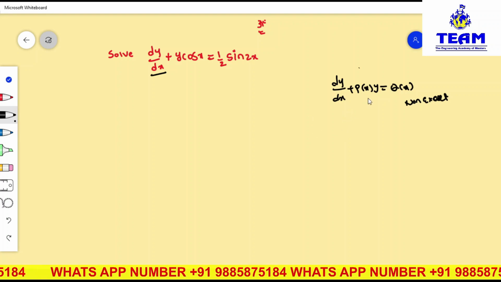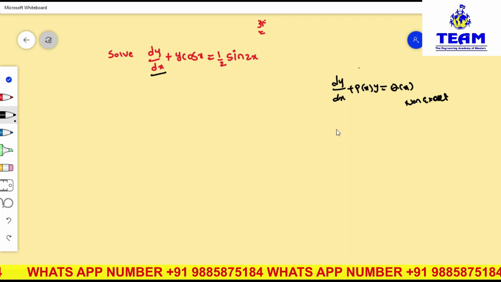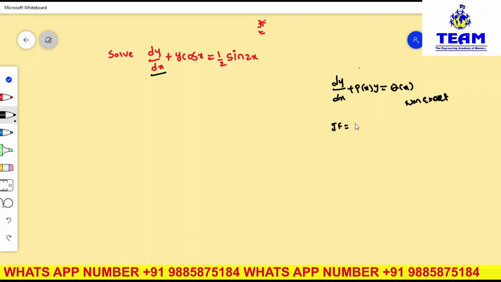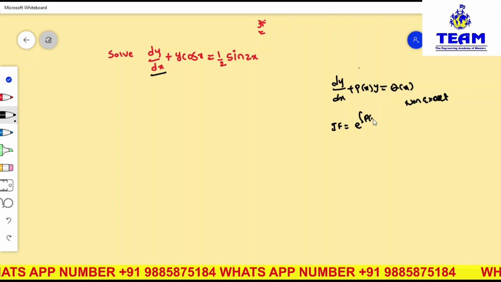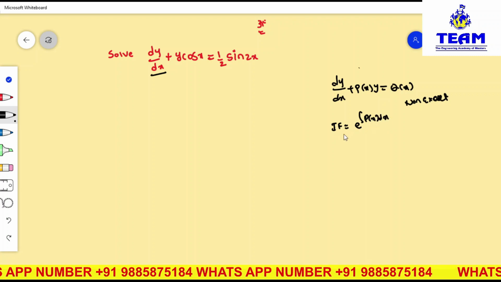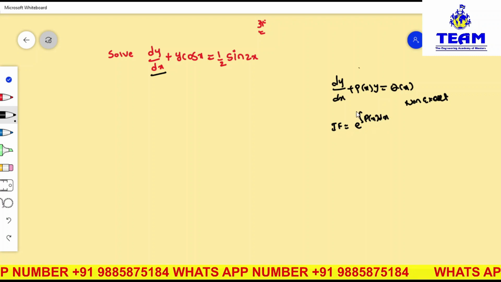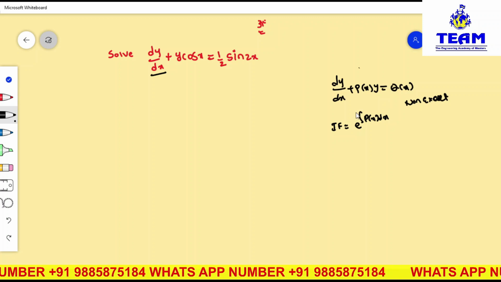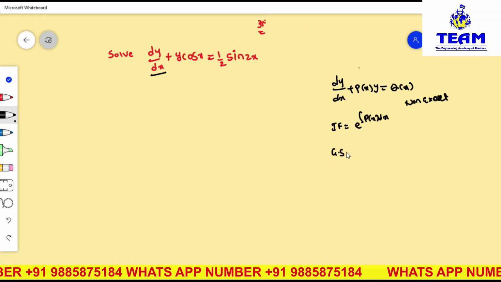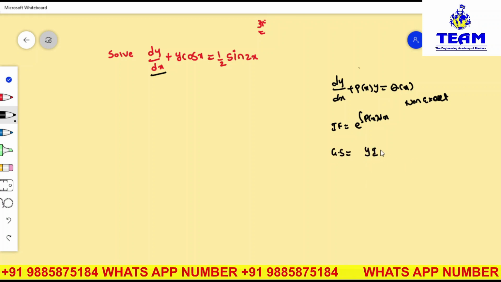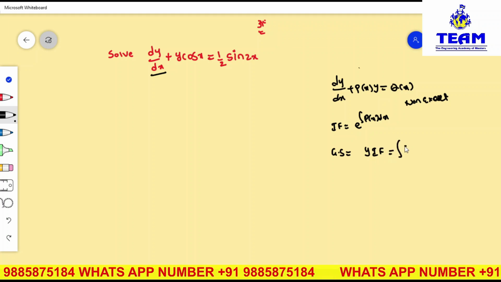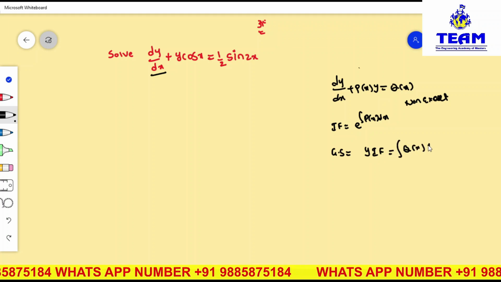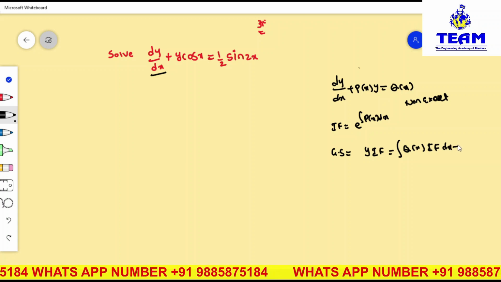The general solution, how to get it, means the working rule we are discussing first. If this is a non-exact differential equation, then the integrating factor is e to the power of integral p of x dx. If you multiply by the integrating factor, then the given differential equation will become exact. The general solution is y into integrating factor is equal to integral of q of x into integrating factor dx plus c.